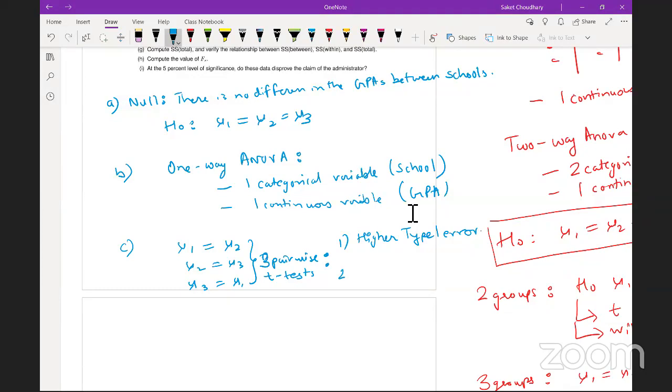Okay, and the second is, this is more of an advantage of ANOVA. So ANOVA combines the variability information between the 3 groups, and that's more advantageous.